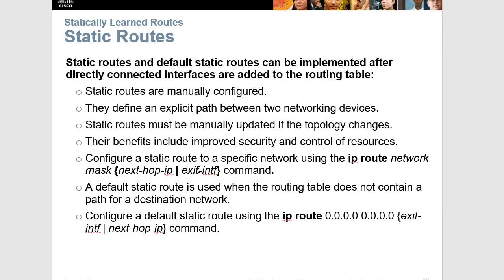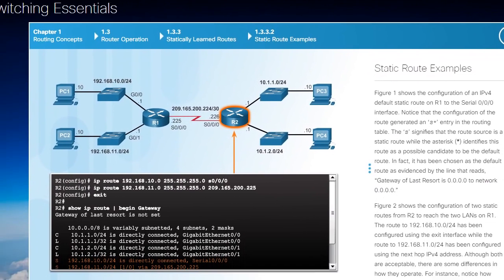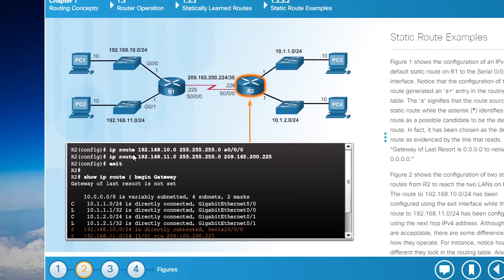So an example of a static route is, let me bring this up over here and give me a second. Here we go. So here's two different ways you could write in a static route. You can go IP route, this is the network you're trying to reach, and you could just use the interface as part of the entry, or you can go IP route, network you're trying to reach, and then use the next hop IP address.